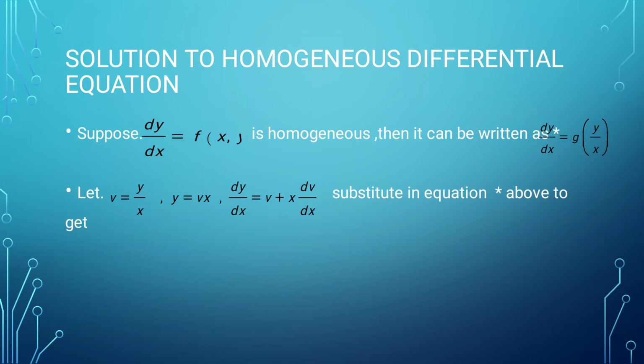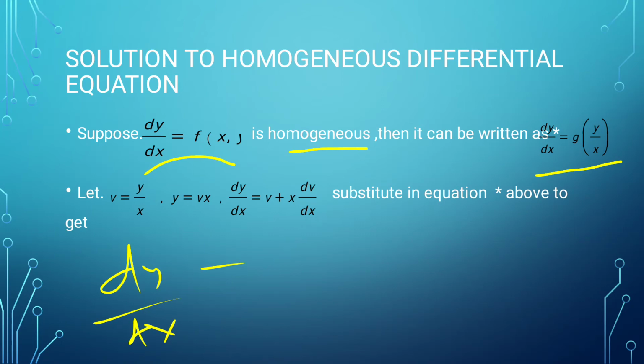So how do we get the solution of homogeneous differential equations? If it is a homogeneous equation, then it can be written in the form dy over dx equal to g of y over x.